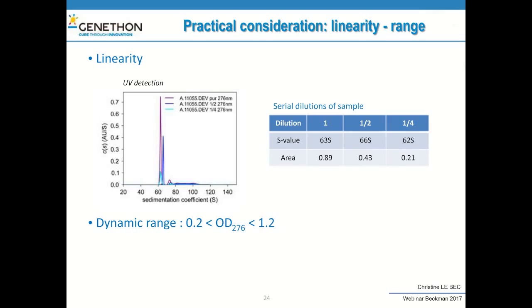You can also see that the area of the peak is proportional to the concentration of your product, meaning that we have a very good linearity of the signal between 0.2 and 1.2 OD.